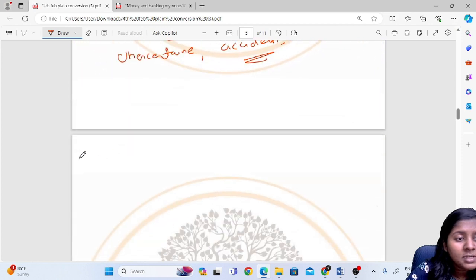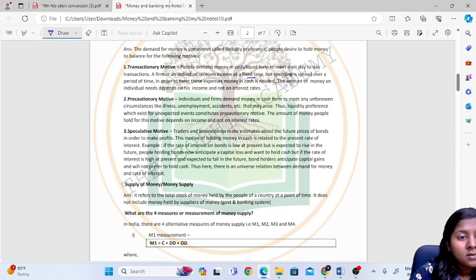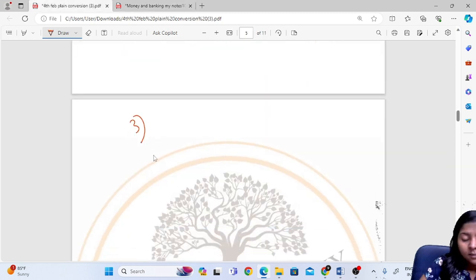Then the third one is the speculative motive. This is for the traders and businessmen. Here they make estimates regarding the future prices. So basically they deal with the speculations of money here.